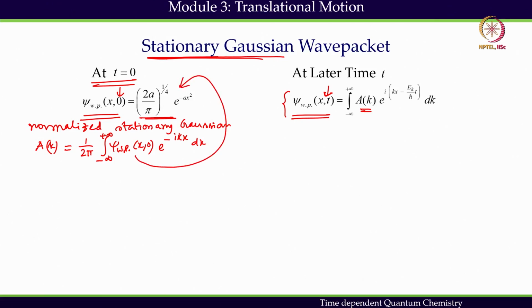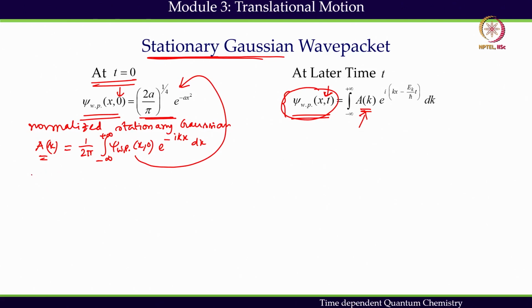So, I have to find out A k, then plug that in here. I will be able to get the analytical form of the wave packet, and I will be able to get the time evolution, how the wave packet is evolving as a function of time, or in other words how the particle is evolving, its shape is changing, where it is going. Every piece of information I will be able to get. So, let us get this integration done first.